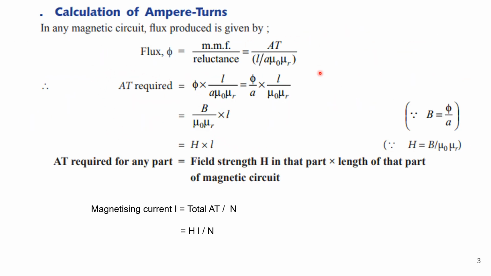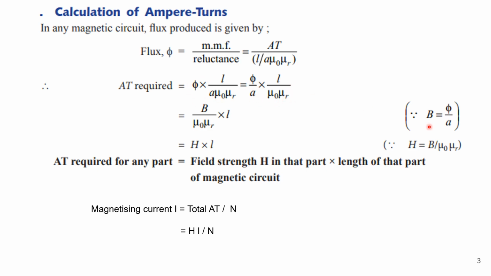Here the general formula comes from the flux formula: flux equals mmf divided by reluctance, that is ampere turns divided by reluctance, where reluctance is L divided by A mu naught mu r. So ampere turns required means we cross multiply: phi into L divided by A mu naught mu r. Or we can take phi by A separately and L divided by mu naught mu r.